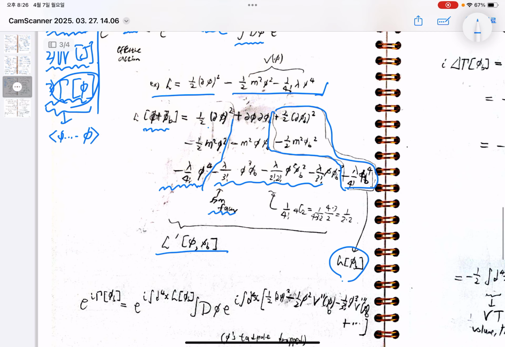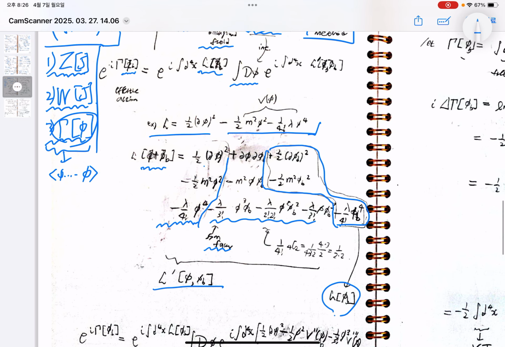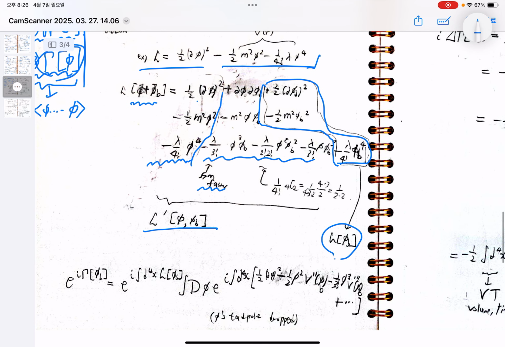The point is that such combinations of phi and phi_b should be integrated out by d phi. So these terms are integrated out, and we drop all the tadpoles, just the first order terms of the phi here. The Lagrangian of the background field terms just comes out because it is independent of the quantum fluctuation phi.